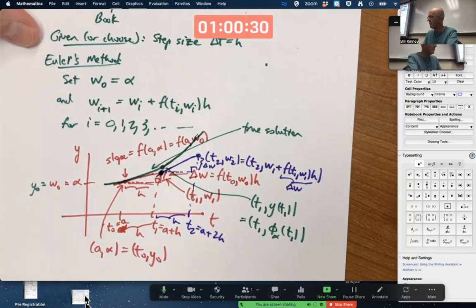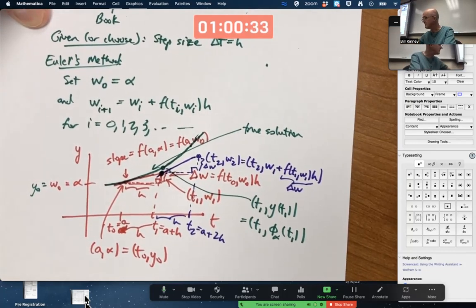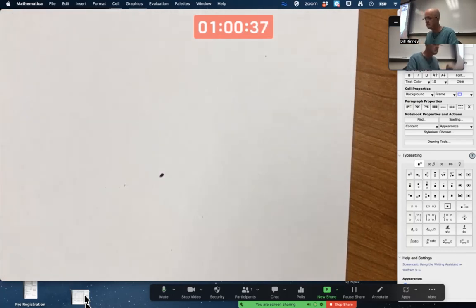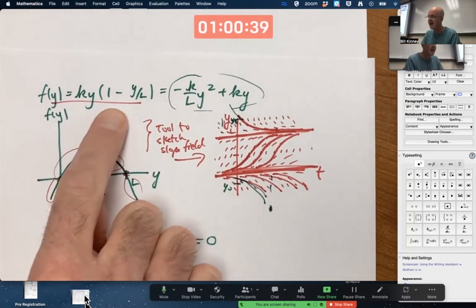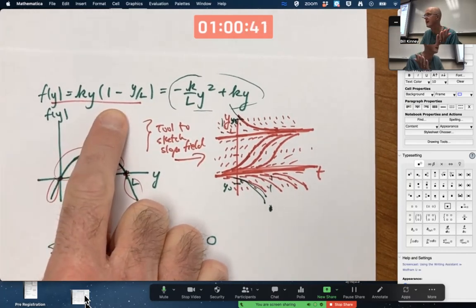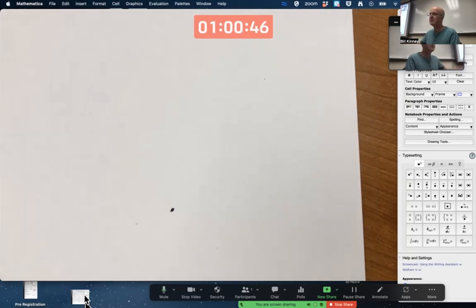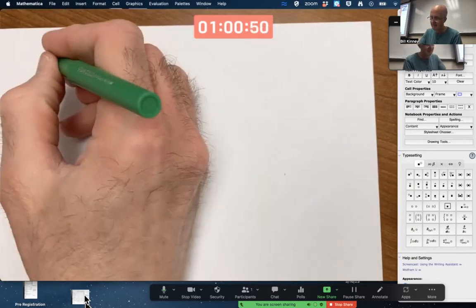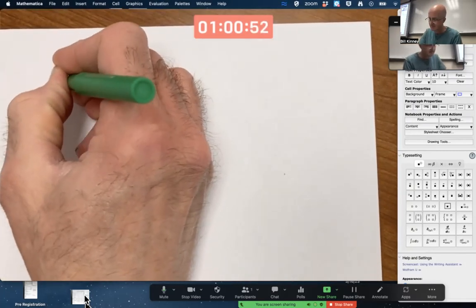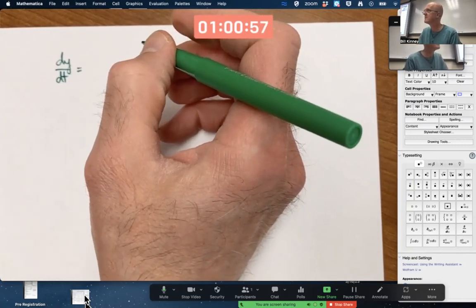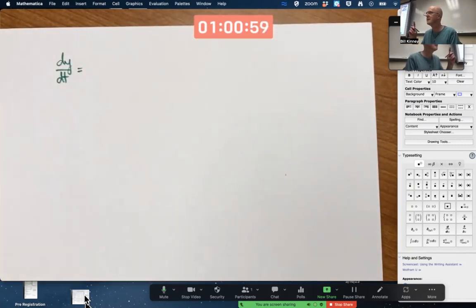Let's implement this now. How about for our example, our logistic model example? Though if we're going to do that, I should pick a value of k and a value of L. For simplicity, we'll choose L to be 1. Maybe that represents 1 million fish, if your units of fish are in millions.